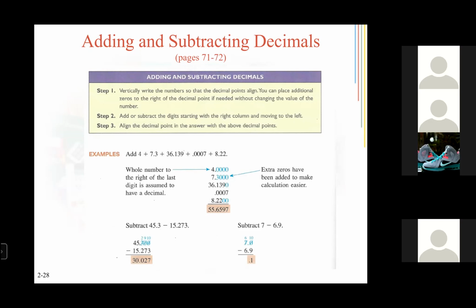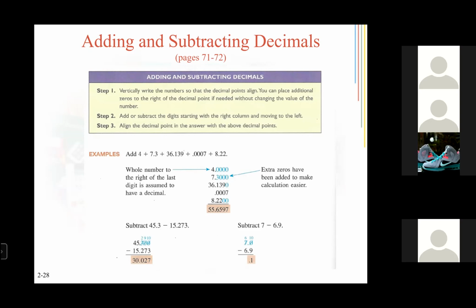Added zeros, okay? So sometimes it's useful to put in those zeros to make sure we have everything lined up according to its place. You make sure the decimal points line up, all the tenths, the hundredths, the thousandths, the ones, the tens, the hundreds, so you don't have the different decimal places falling under the wrong column.